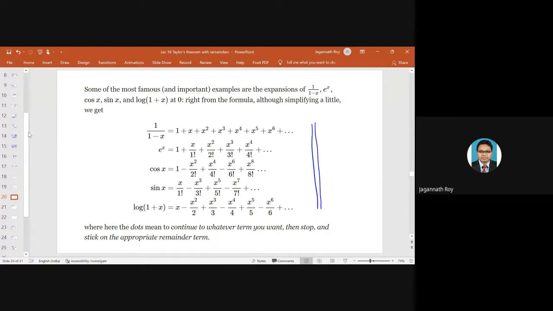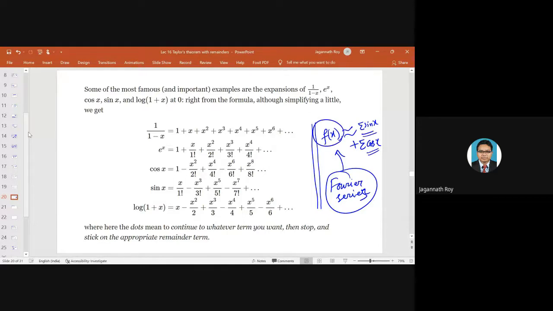Because when you will study Fourier series, okay, then you will see any function f(x) is approximated by sum of sine x functions and sum of cosine x functions.